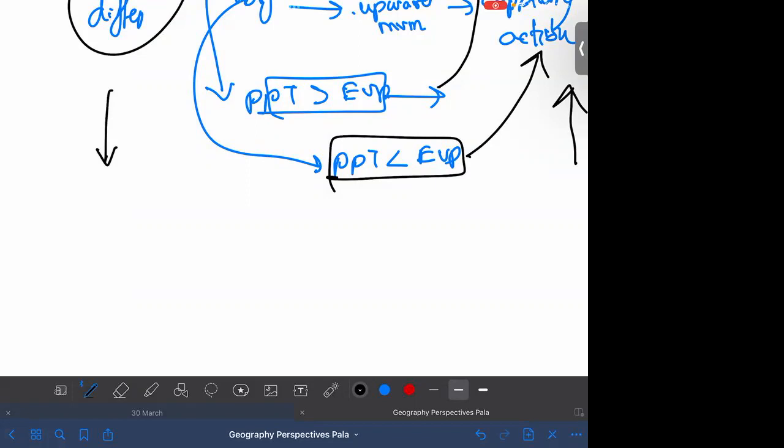Now the fourth one is the slope or the topography. Topographical factors like angle of slope and direction of slope also have a major say in soil formation.